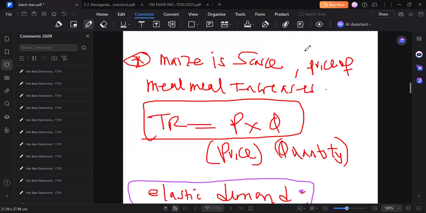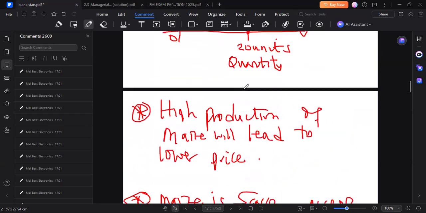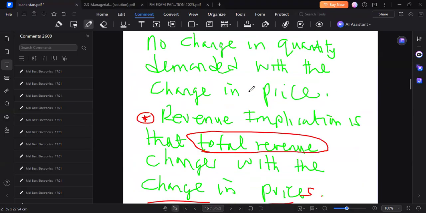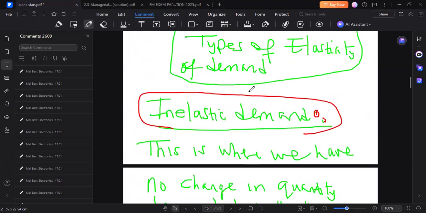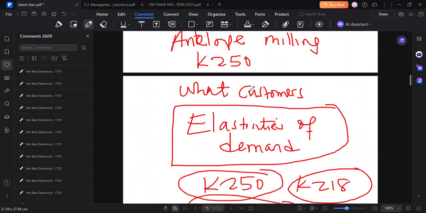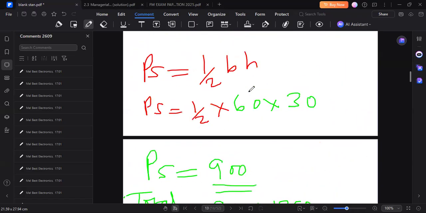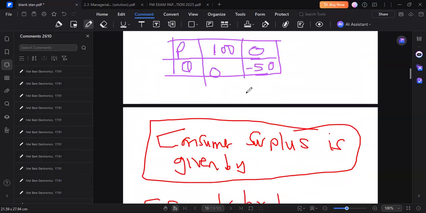So you really need to understand the total revenue aspect. You also need to understand the equilibrium point and the consumer and producer surpluses, how we are getting them, and the aspect of consumer surplus and total surplus.